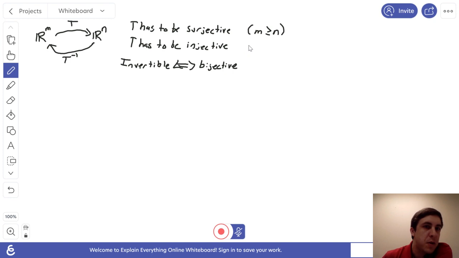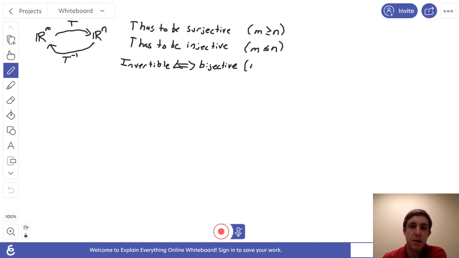We also know something from T being injective. If M was bigger than N, then we could not be injective. We would have to squish something down to fit it inside of our N. So if we are surjective, M had better be at least as big as N, and if we're injective, it can't be any bigger.